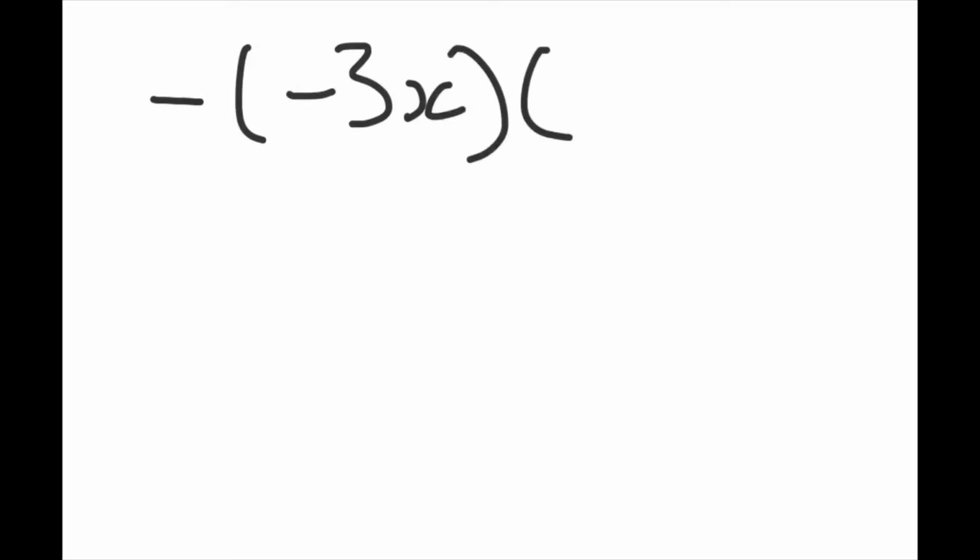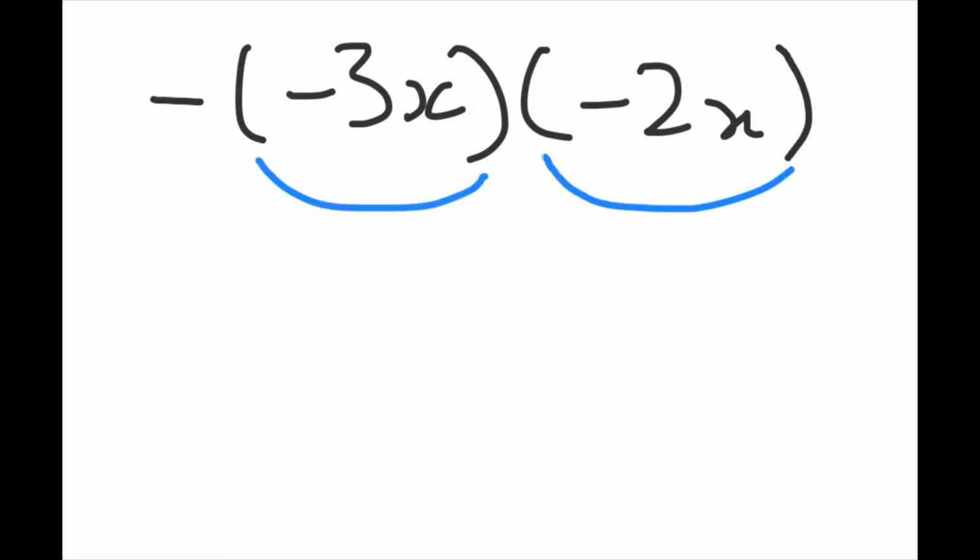Let's do more examples. Minus 3x times minus 2x. Now this is the one I spoke about earlier, where we have the brackets. So this is one bracket times that bracket, so we can just multiply that with each other.